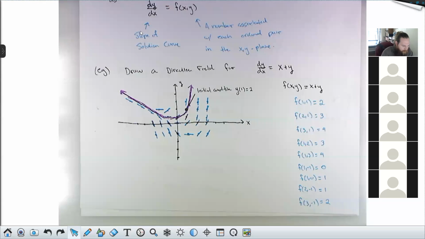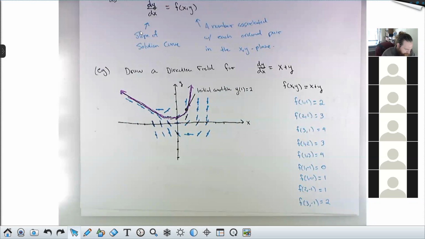Next time we meet, I'm going to talk to you about stability and some of the other funky vernacular that's associated with direction fields and solutions to differential equations.